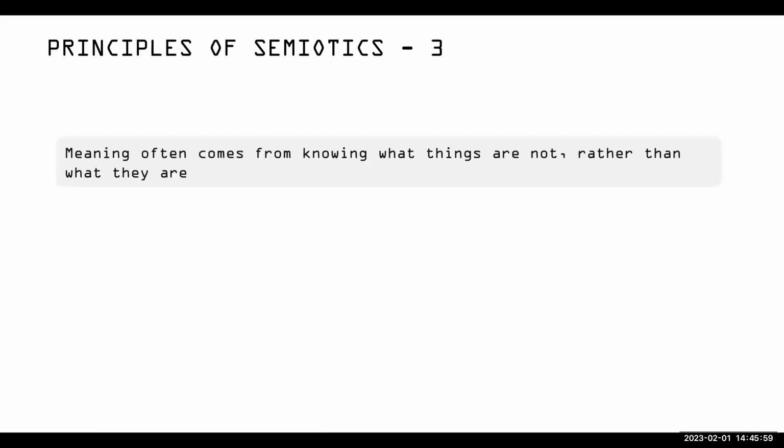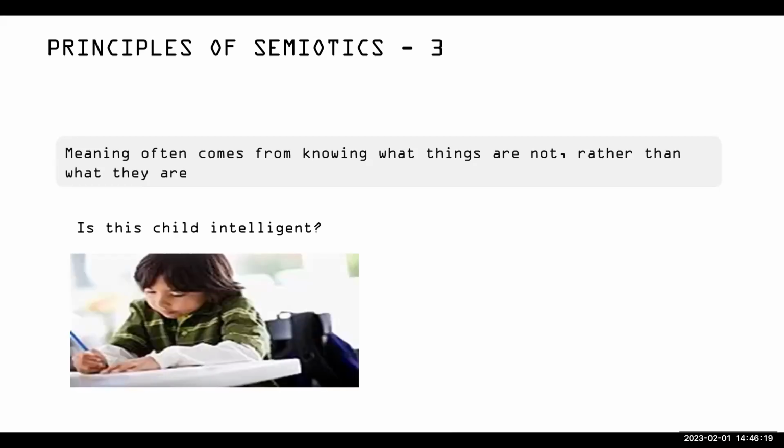The third principle comes from knowing what things mean. And this is an important principle of semiotics. It's not just understanding what the meaning is, but also understanding what it is not, the principle of notness. So that is a very important principle in semiotics.